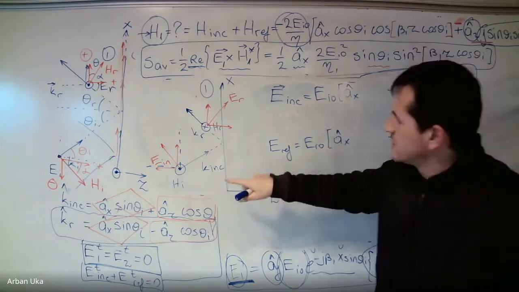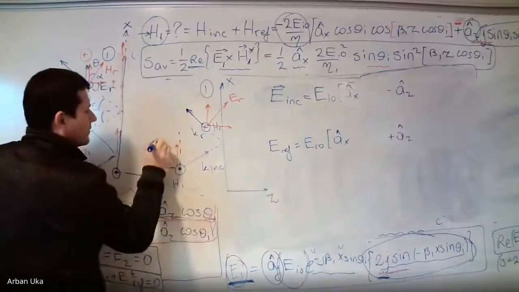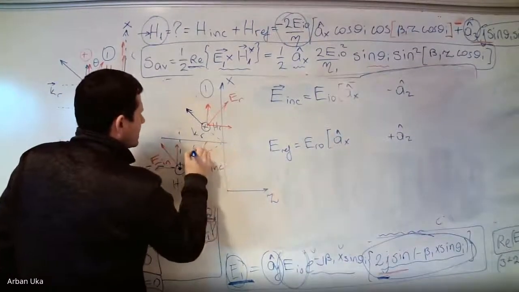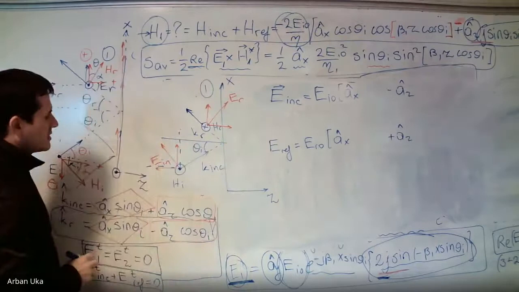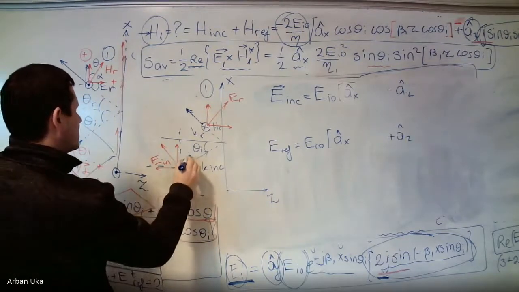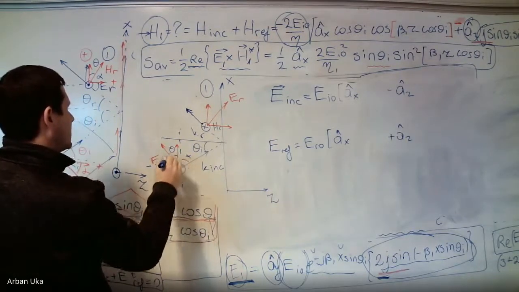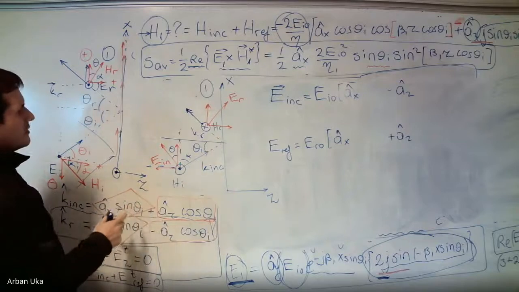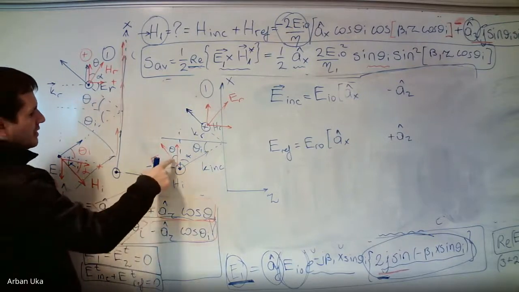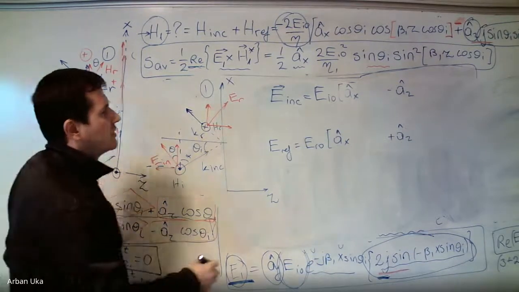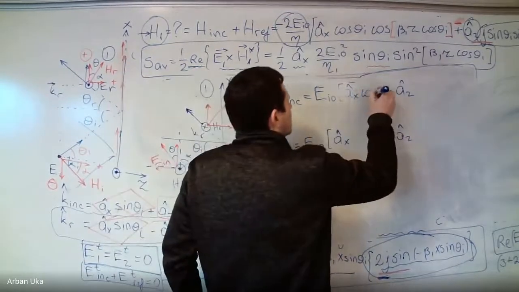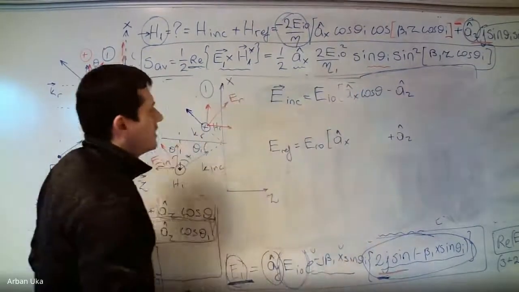For this, this is theta I. If this is theta I, this is alpha, this is theta, and the projection along the AX is cosine theta. So here we have cosine theta, minus AZ.